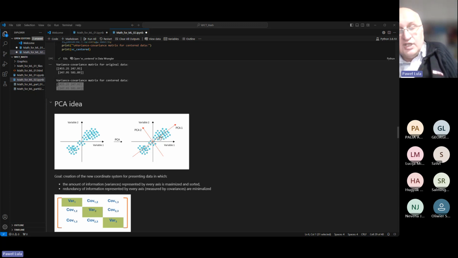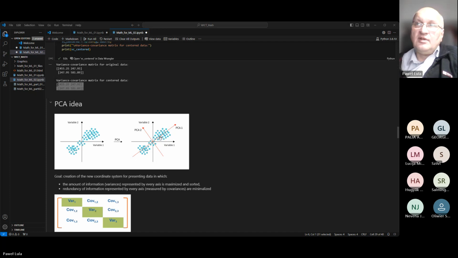But we have here discussed only the problem related to finding the first axis. Now we can repeat the whole procedure and use the same approach for finding the position of the second axis. And the position of the second axis will be defined by the second eigenvector.